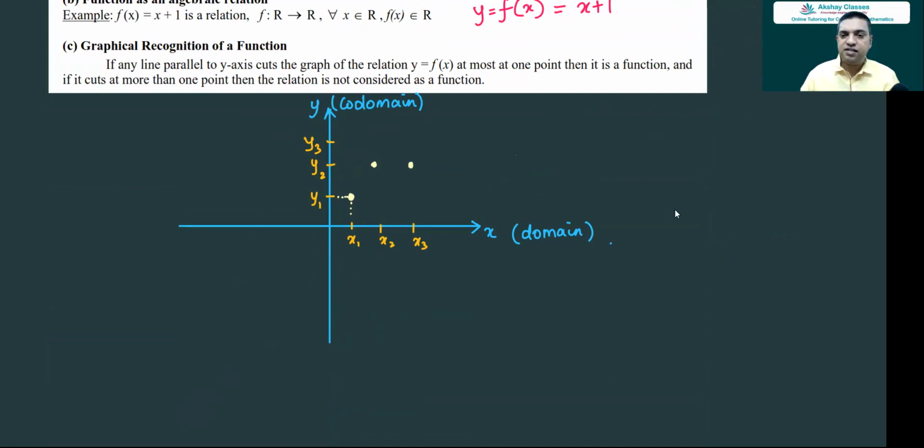Now let us plot this function, y is equal to x plus 1. We know what it is. It is a straight line.